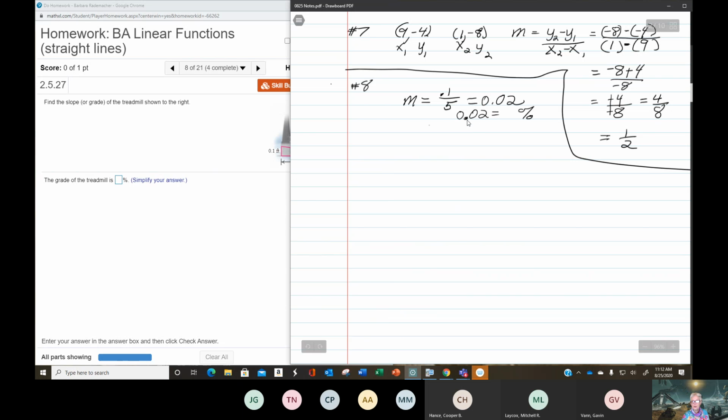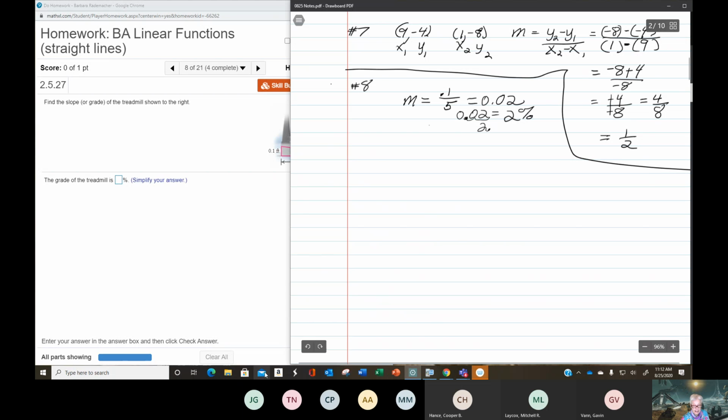That would give you a 2, so this would be 2%. Other teachers are more exacting and tell you to change a decimal to a percent, multiply the decimal by 100. And if you do that, you will get 2.